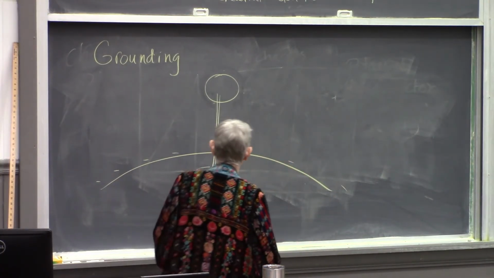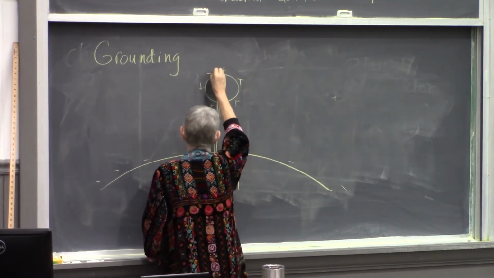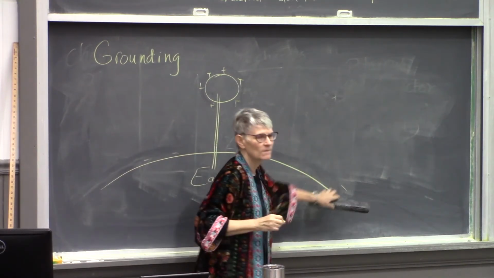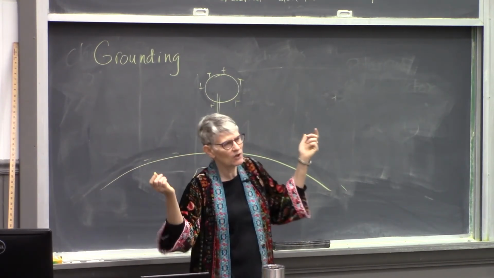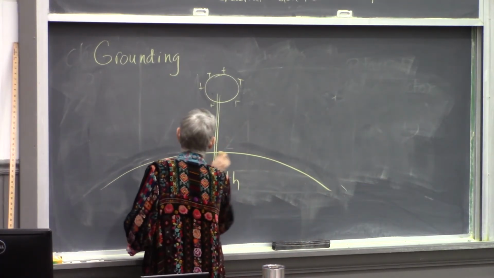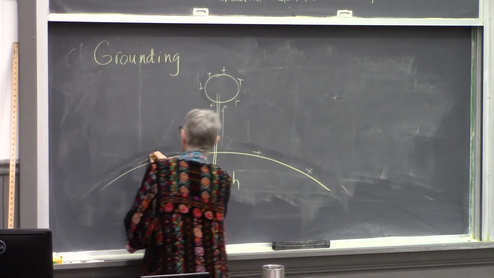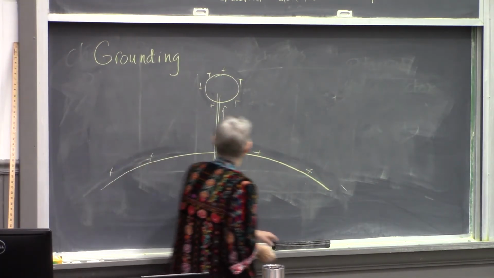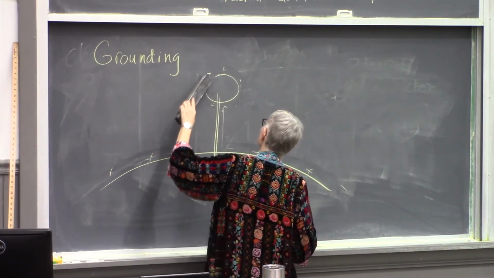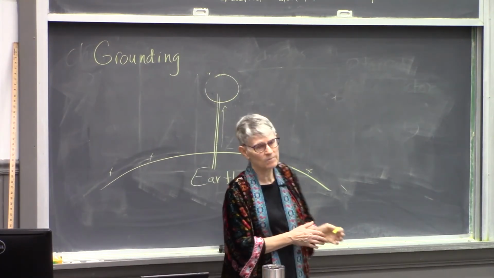What would have happened if this sphere was positive instead of negative? Electrons move the other way, right? So the electrons are going to come here. We're going to end up with a tiny positive charge on the Earth, and enough electrons will come up that essentially we're neutralizing it.